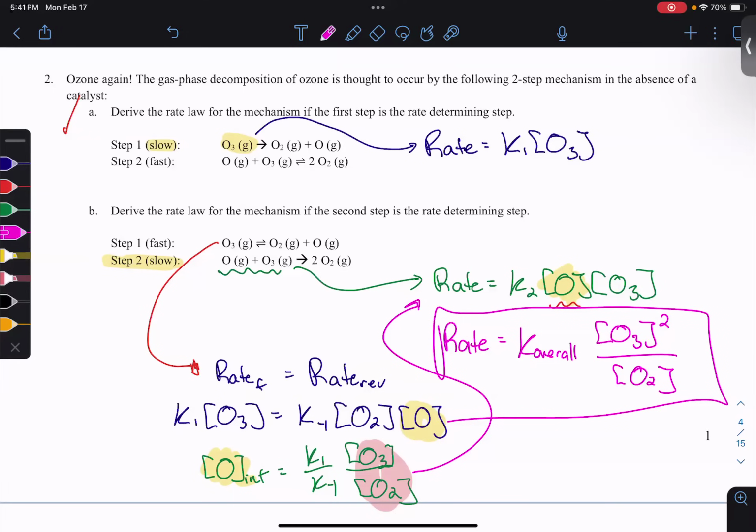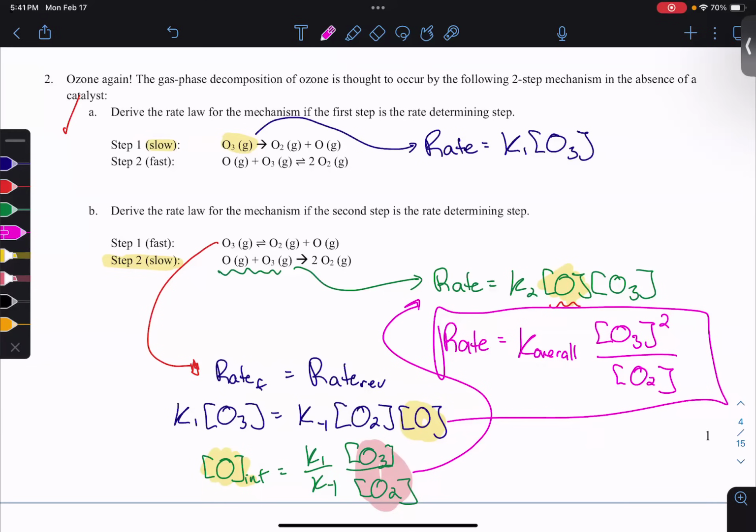All right, any questions about the slow step being the second step? Yeah. So the question is, can we have a catalyst in our slow step? Notice that we had to use the fast first step to get rid of an intermediate. We cannot have intermediates, but we can have catalysts.